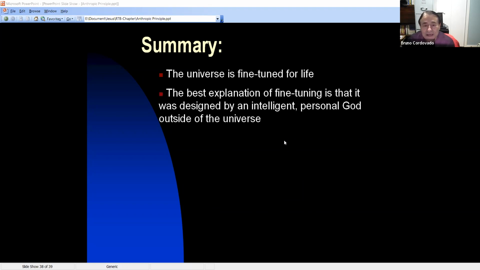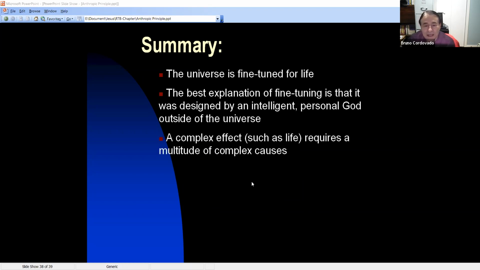And the best explanation is that the fine-tuning was designed by God, a God who lives outside of the universe. And we know that life, which is a complex thing, requires a multitude of complex causes.